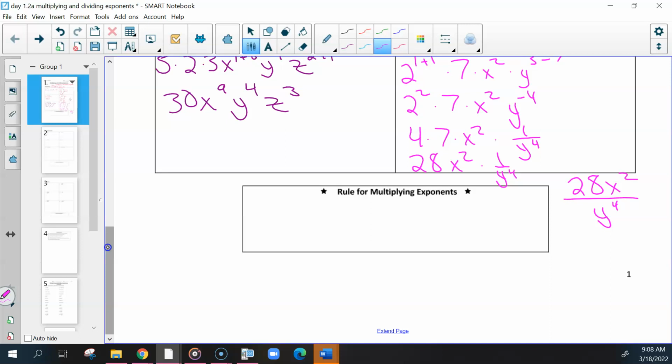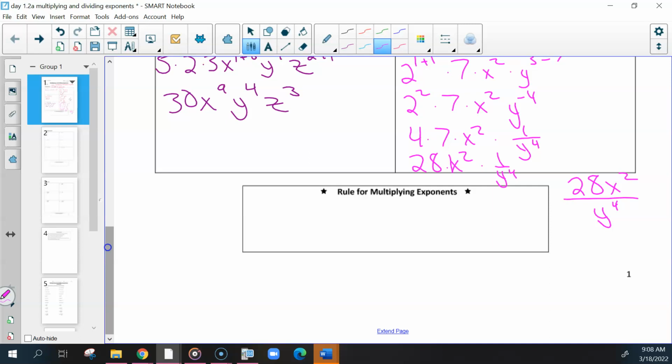Yes. Wouldn't x squared just be 1? Why would it be 1? I said x squared, wouldn't it just be 1? And I'm asking, why would it be 1? If it's x. This is technically 1x squared, yes. But you're multiplying it to 28.